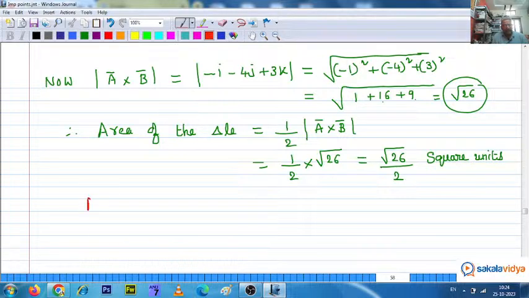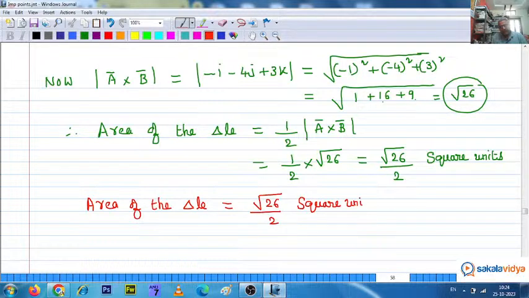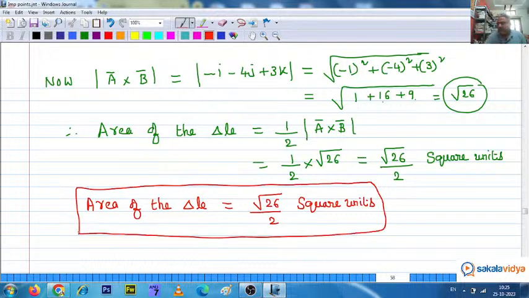Therefore, hence the area of the triangle is equal to square root of 26 upon 2 square units. This is the answer. Okay, go through the question. I hope it's very clear to you. Right?